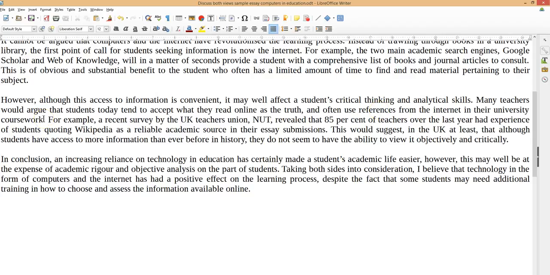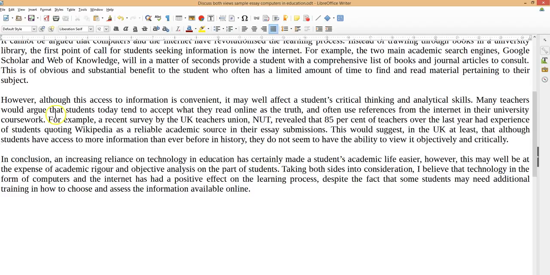Now, I do know that the survey example is an imaginary one, but the example is actually a true one. You wouldn't believe, or maybe you would, the number of students who think that Wikipedia is a suitable academic source of information when writing an essay.